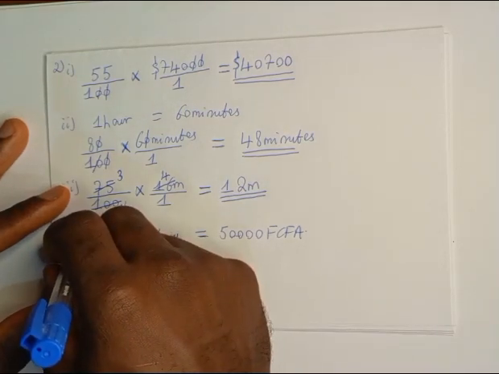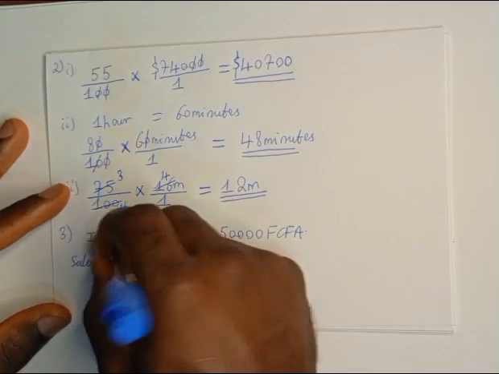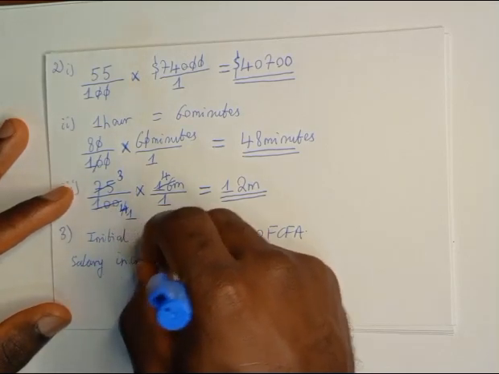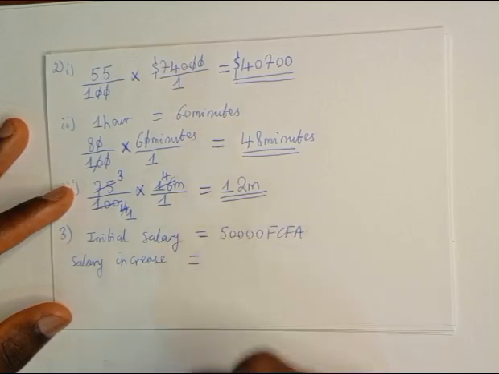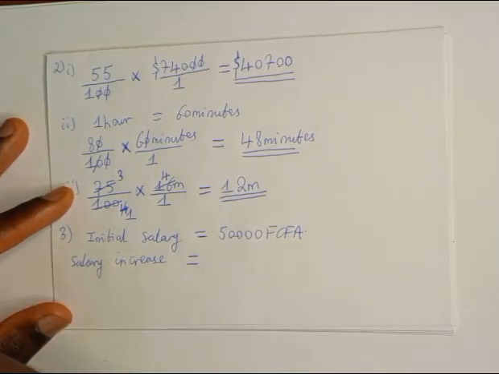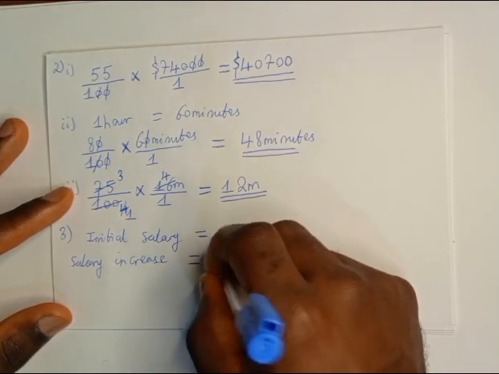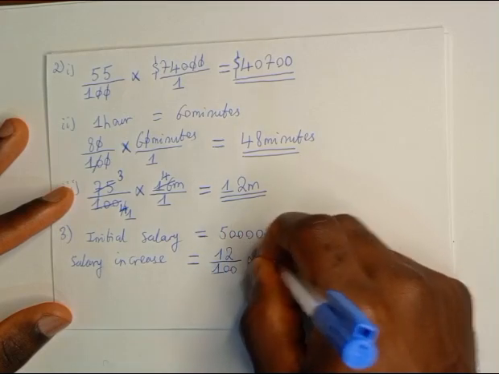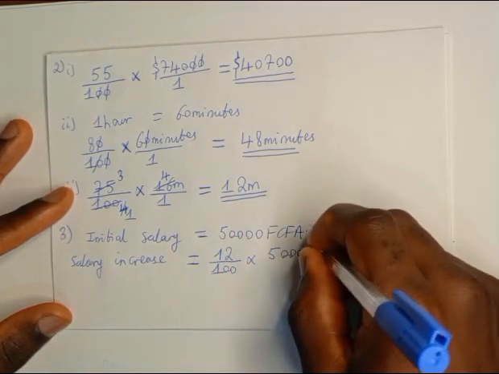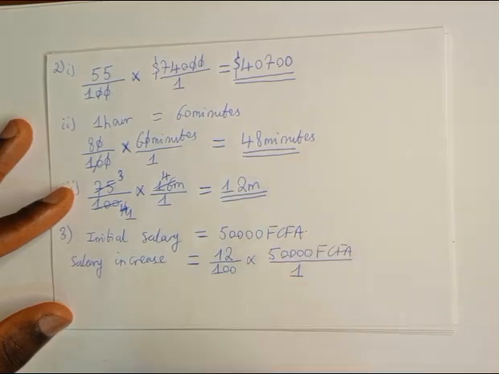Salary increase will simply be, we are going to take 12% of 50,000, which is simply equal to 12 all over 100 times 50,000 francs CFA all over 1.